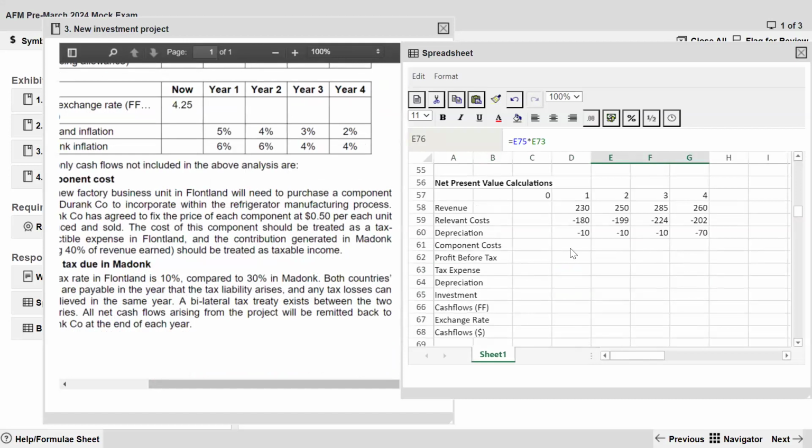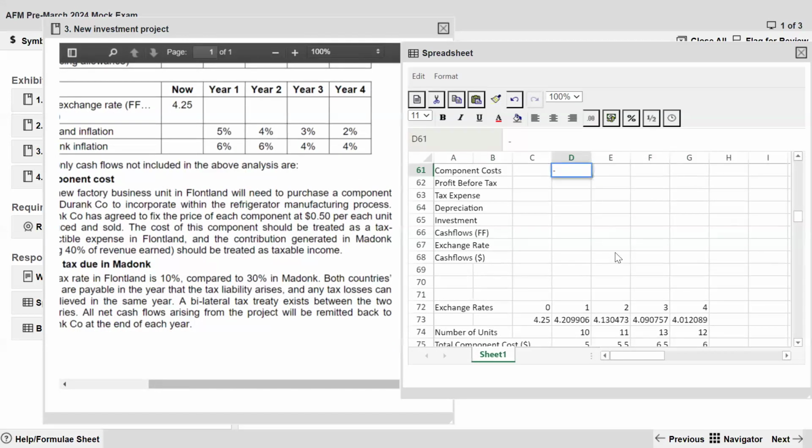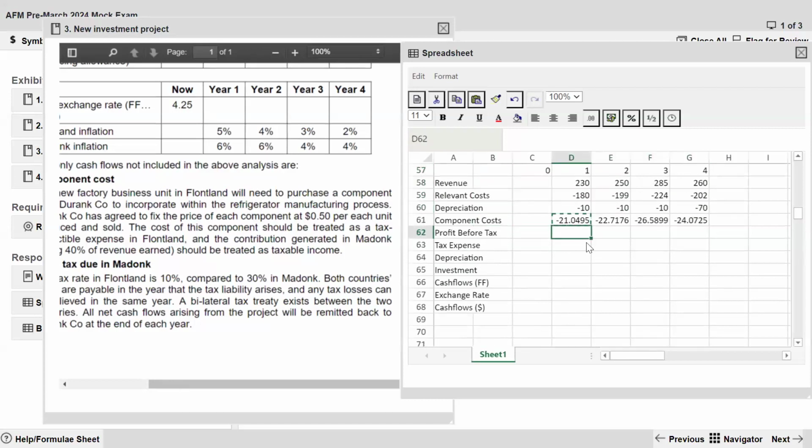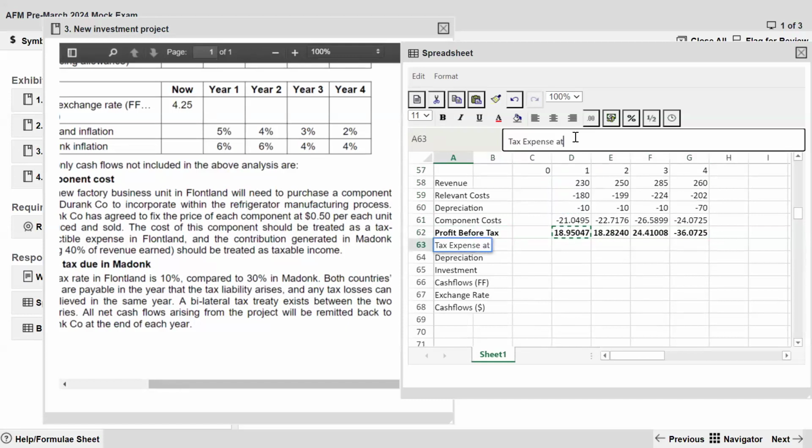So the profit before tax is going to be like this. Tax expense at the rate of 10%.